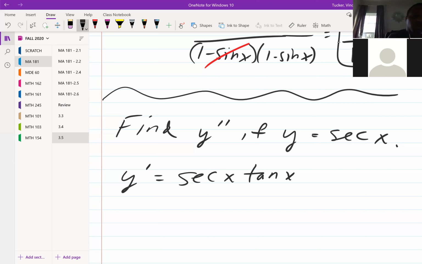All right, so y double prime means I need to take the derivative of secant x tan x. So if that's the case, I need to use the product rule.